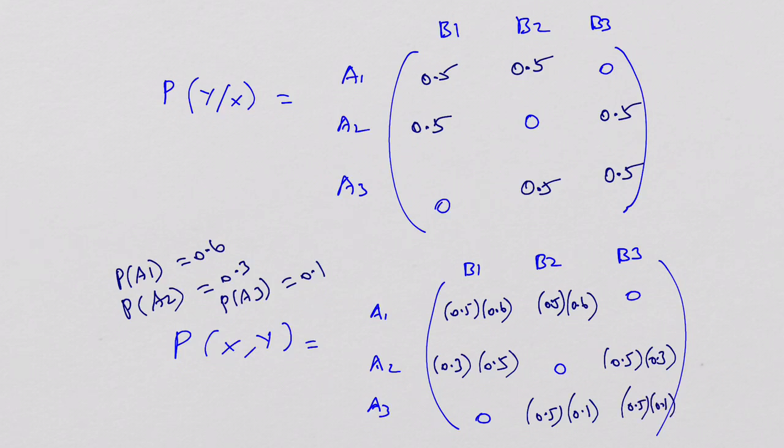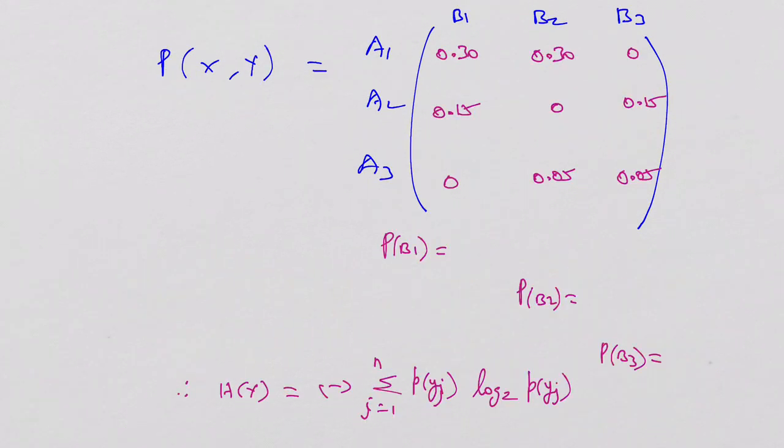When you multiply these values, this will be 0.3, this will be 0.3, this will be 0.15, this will be 0.15, this will be 0.05, this will be 0.05. So let me enter those values. The values are all ready.